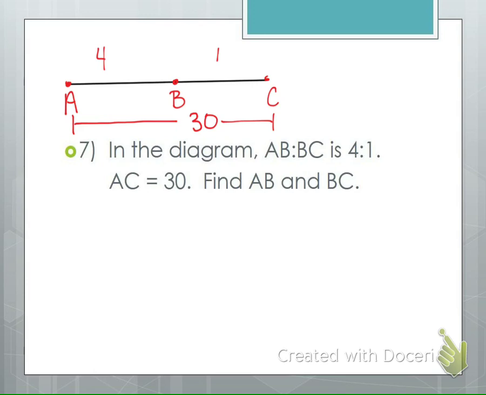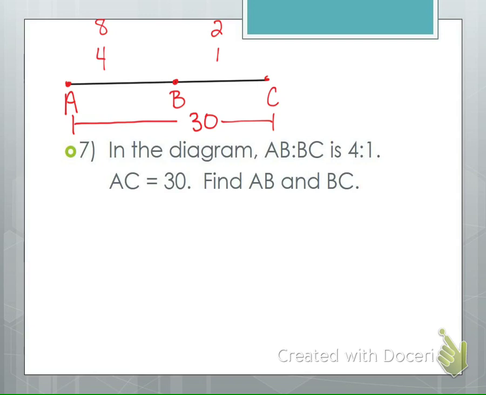But what we can do is say if they are in this ratio, then they must both be multiplied by the same constant in order to create this ratio. Meaning, if we were to multiply both of these by 2, for example, the ratio of 8 to 2 is the same as 4 to 1. Now, do we think the lengths are going to be 8 and 2? No, because again, they don't add up to 30.